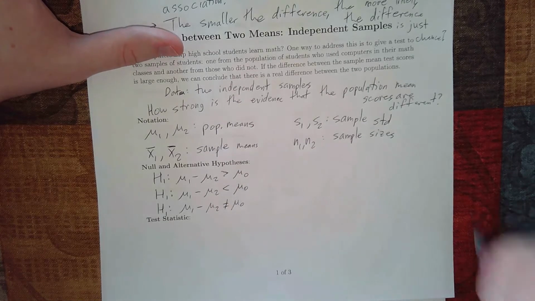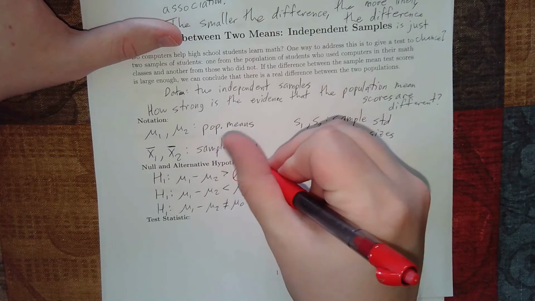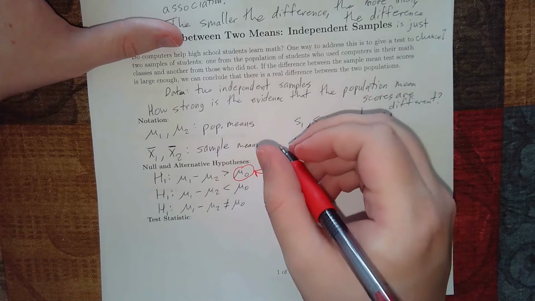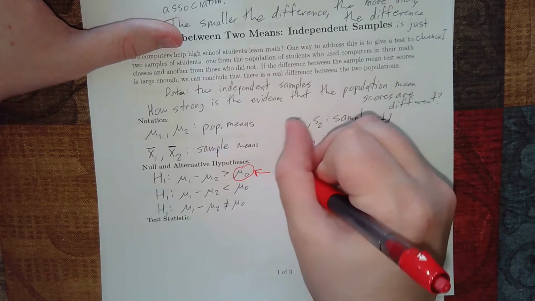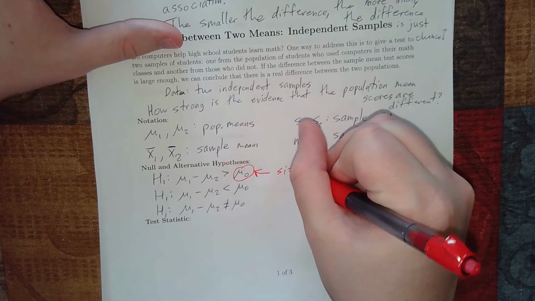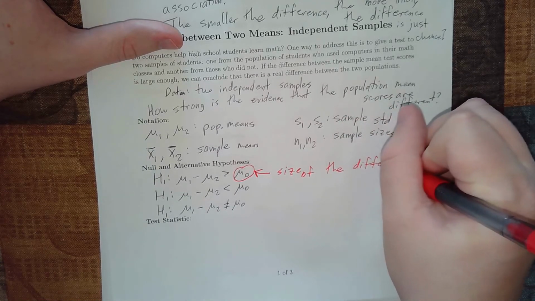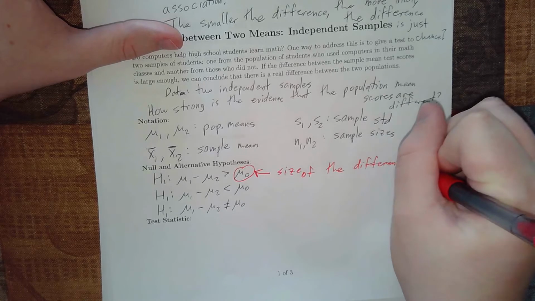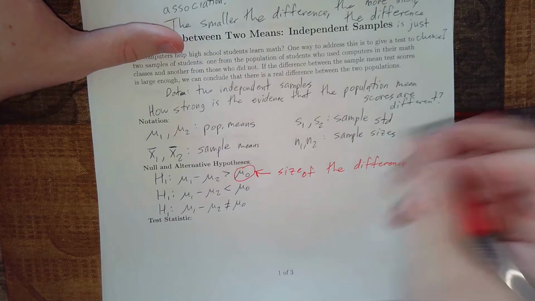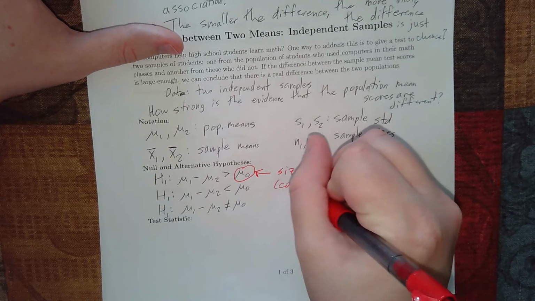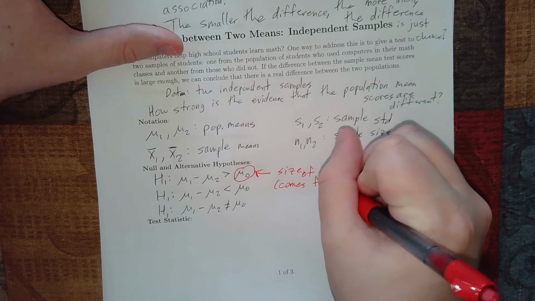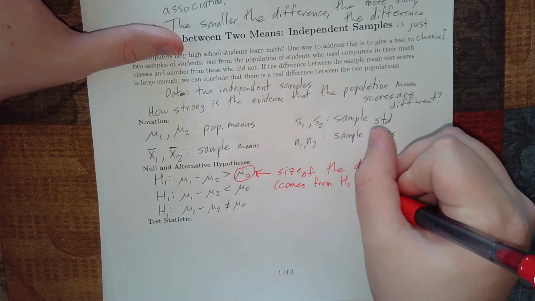So mu naught is going to be the size of the difference, and this is going to come from the null hypothesis H naught.